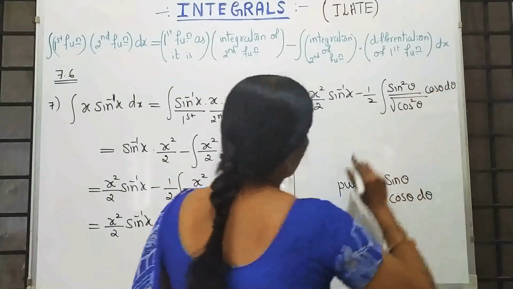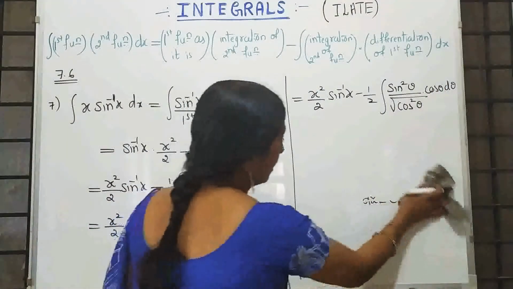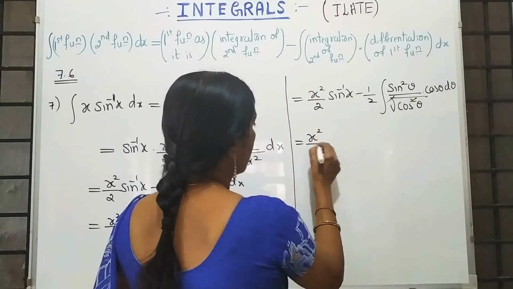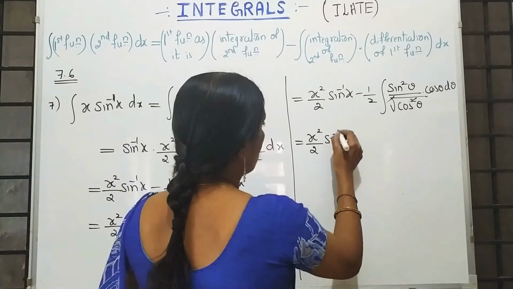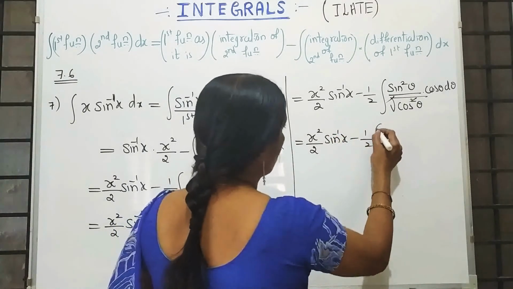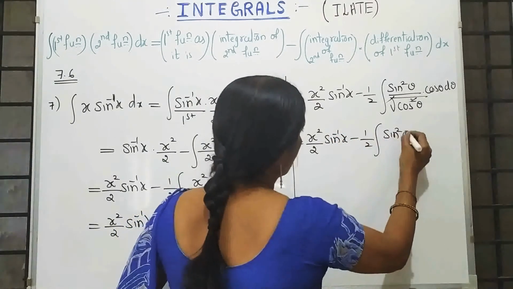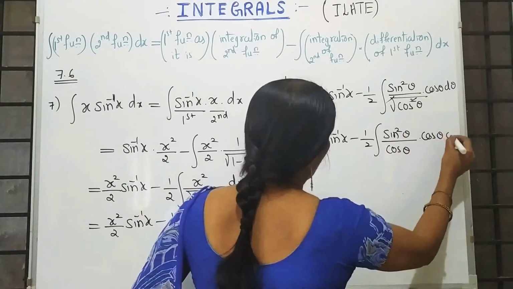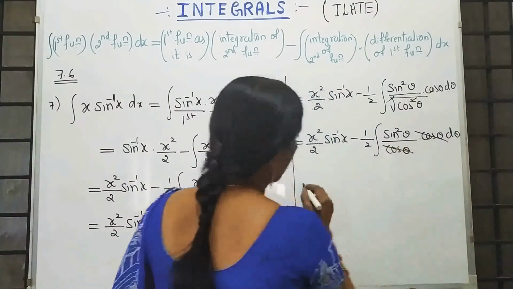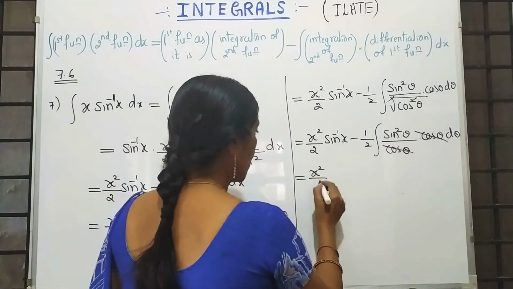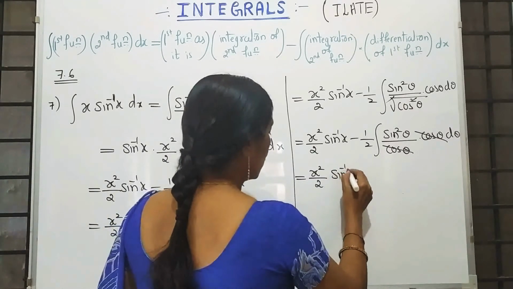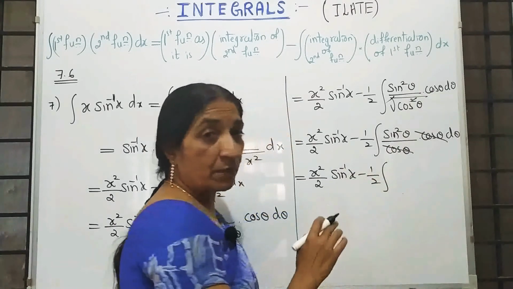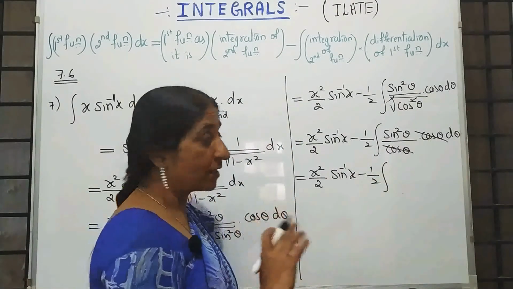If you are thorough with the first year identities, square root and square get cancelled. x square by 2 sine inverse x minus 1 by 2, sine square theta upon cos theta into cos theta d theta. This cos theta gets cancelled. Only sine square is remaining and we are not familiar with integration of sine square.